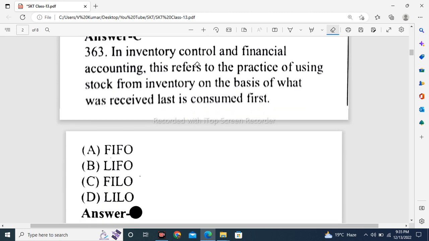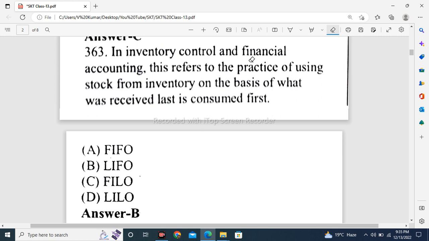In inventory control and financial accounting, this refers to the practice of using a stock from inventory on the basis of what was received last is consumed first. FIFO, LIFO, FILO, LILO. आंसर है B. LIFO.